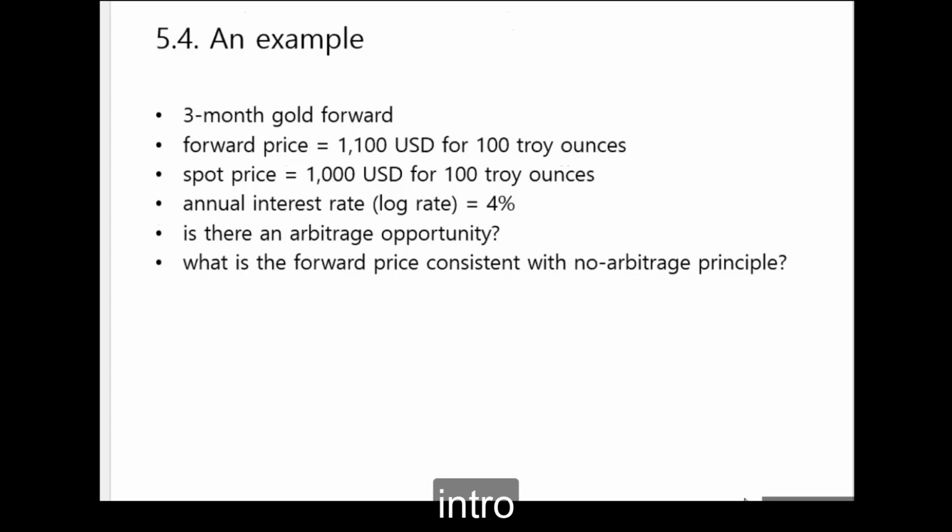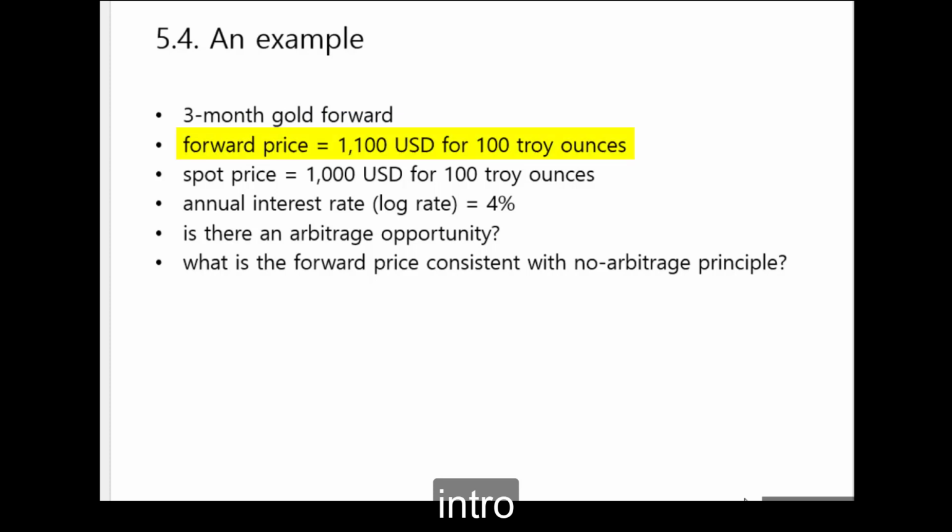Let's say we have a 3-month gold forward contract. With this contract, if you are in the long side, then you are agreeing that you will pay cash, some money, and receive gold 3 months later. If you're in the short side, then you have obligation to deliver gold in exchange for the payment of some money.